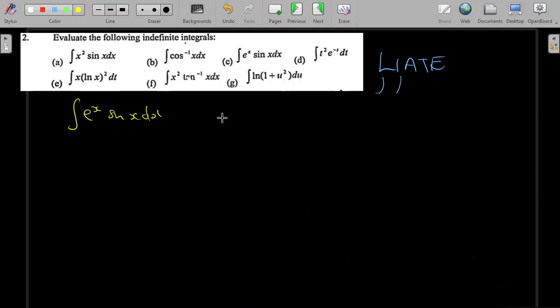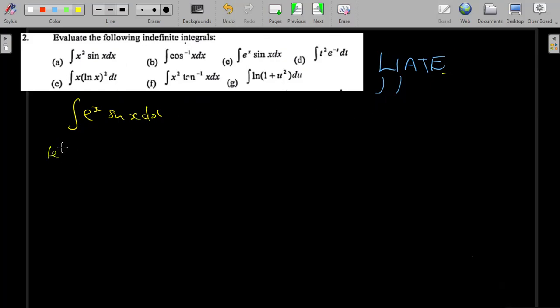After getting this again, I have to say, okay, I want to let my u first. When I look at this word, I see it's logarithmic, inverse trig, algebraic, the next one is trigonometric, then of course exponential at the end. So now I see that the trigonometric comes before the exponential.